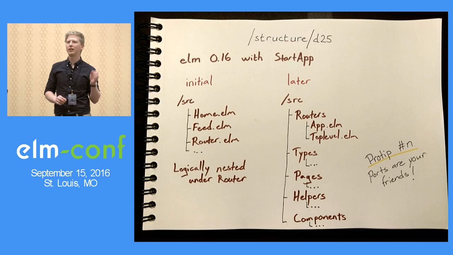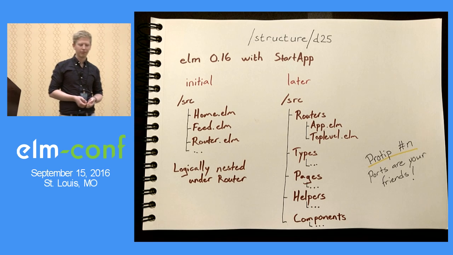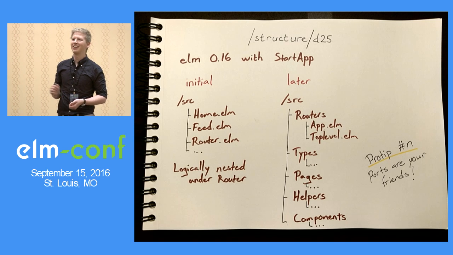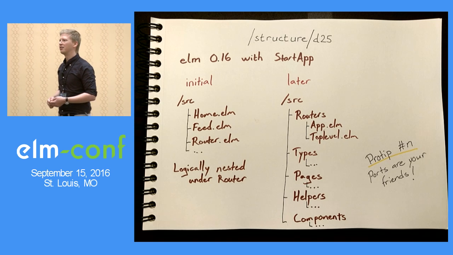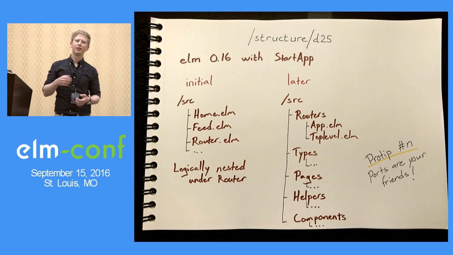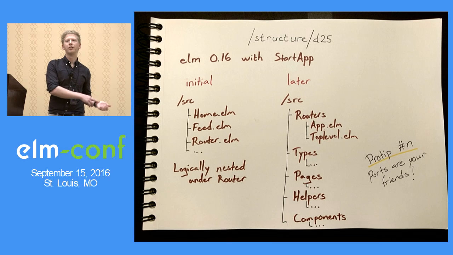And you can call routers.app.init, which is pretty self-documenting also. And then the same for types. Types contains stuff like context and ID, just definitions for some type aliases that you use everywhere in the application. Those usually also contain encoders and decoders.